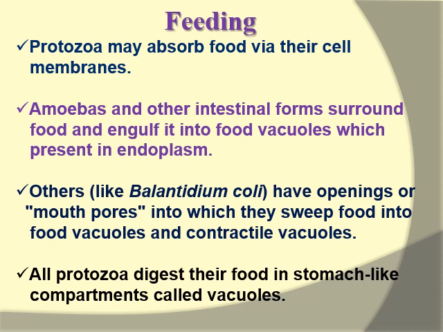Other protozoa, like Balantidium coli from the ciliates, have an opening we call the mouth pore, or cytostome, through which they sweep food into food vacuoles and contractile vacuoles. All protozoa digest their food in stomach-like compartments called vacuoles.